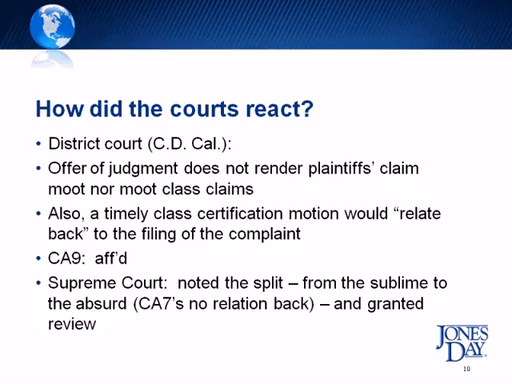The Supreme Court granted certiorari and noted a vast split on this issue, ranging from the sublime to the absurd. For example, I live in the Seventh Circuit, where the rule prior to this case was you can cut off a plaintiff and cut off a class action so long as the plaintiff hasn't actually filed a class cert motion by the time you offer him judgment or her judgment. So what you would see here in state and federal court is you would be served with a complaint, and attached to the back of the complaint would be a class certification motion.